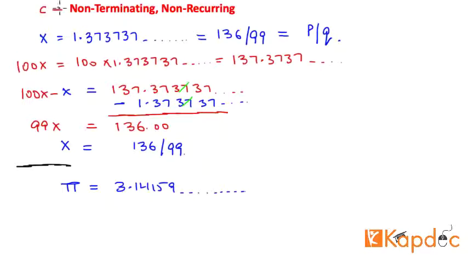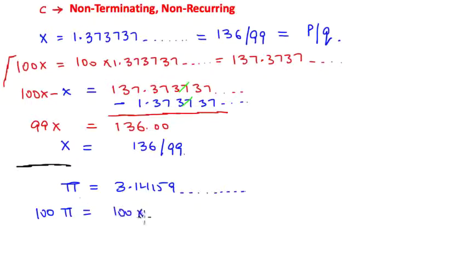it is non-recurring. Now, you will ask why can't we apply this method that we just learned to these kinds of numbers and see whether we can really convert such numbers into the form of p over q. Okay, I would say not, but let's prove it. Let's say I multiply this by 100 and I say that 100 pi is equal to 100 times 3.14159 and it goes on, right?